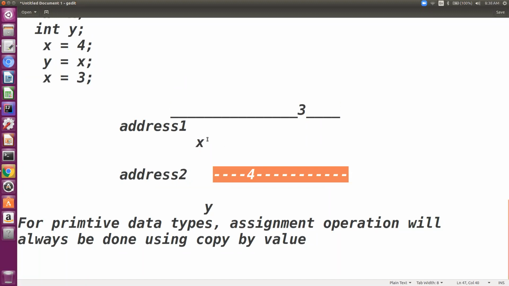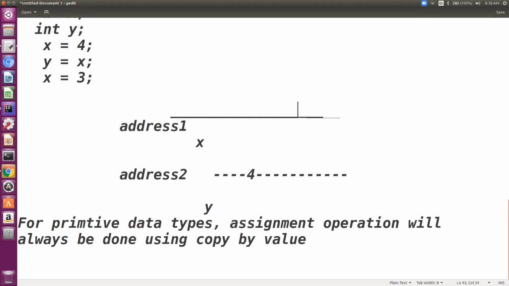Though I assigned y to x, y got a different address for storing 4 and x got a different address for storing this 4. This is the address of x and this is the address of y.